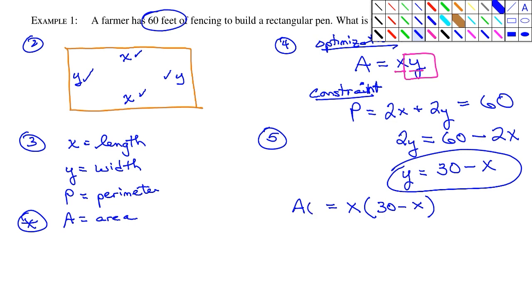That makes area a function of the x. I can determine the exact area of this rectangle simply by knowing the length, because of the constraint that says the perimeter has to add up to 60. Let's go ahead and simplify this equation. It becomes 30x minus x squared.